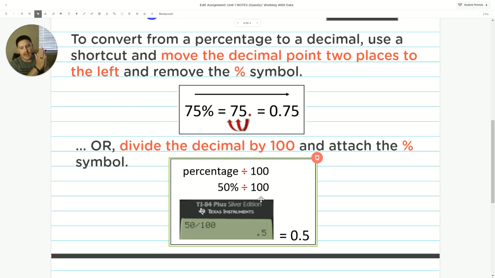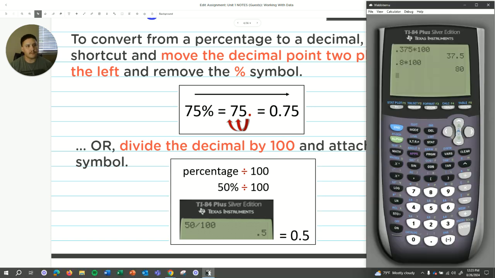So to get from percentages to decimals, instead of multiplying by 100, we're going to do the opposite by dividing by 100. So let's say I have 50%. Now I want to change that back into its decimal form. I'm going to take the calculator, take 50% divided by 100, and now it's back in its decimal form as 0.5.